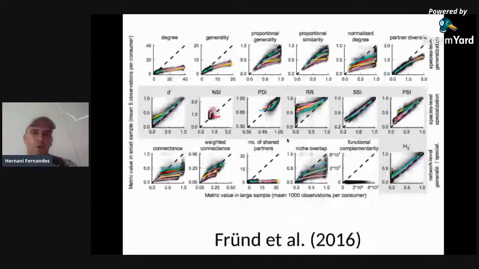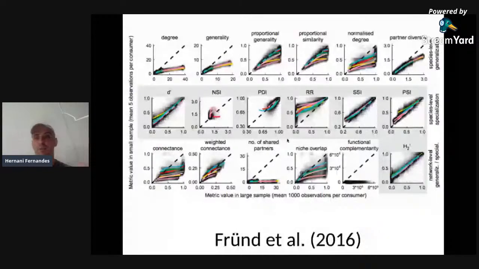But we're all ecologists, so we're used to dealing with these problems in our studies. There are some metrics that are more robust to this kind of change. So if you have a small network or a big network, it doesn't make a big difference in terms of the perception of the structure of the network. The network doesn't change so much in terms of topology and structure, for some of these metrics.